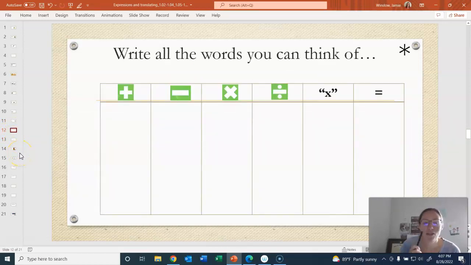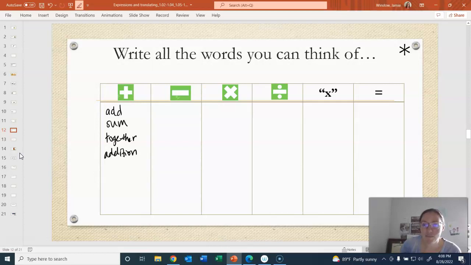All right, so now I want you to write all the words you can think of when you see these symbols. And I'm not even going to be able to add all of them because I don't have enough space. But when you see the plus symbol, I'm sure you're thinking of add, sum, together, addition. There's so many more, right?